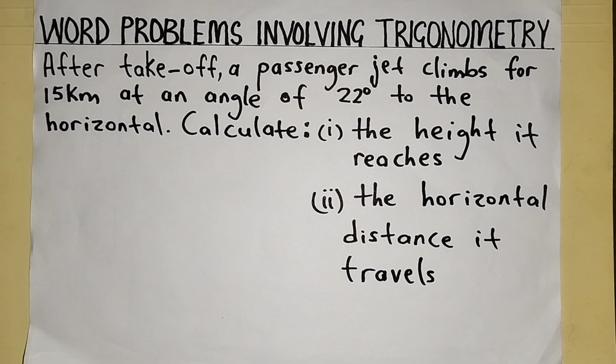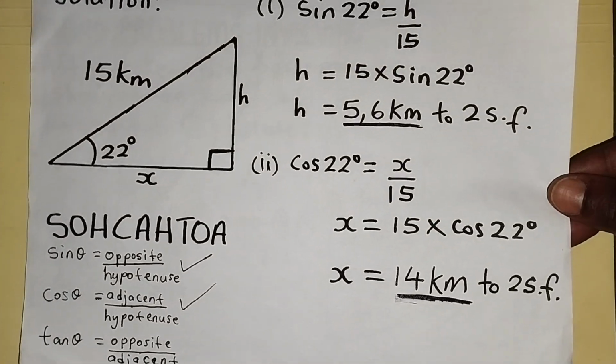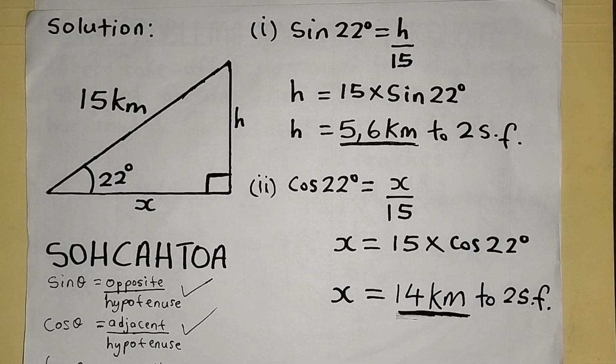Okay? So for us to be able to appreciate the situation we have here at hand, there's a diagram here which we are going to use for us to be able to appreciate and answer our questions correctly. Okay, so let's come to this right angle triangle, which is representing the situation we have at hand.